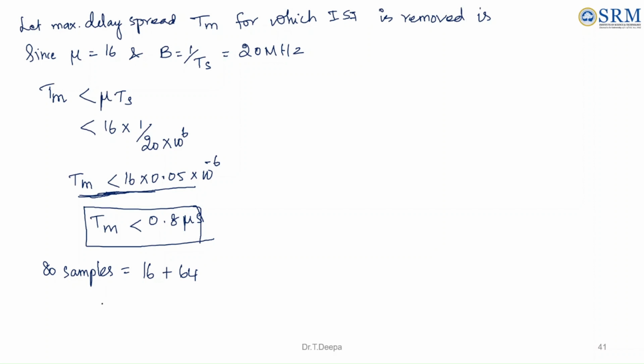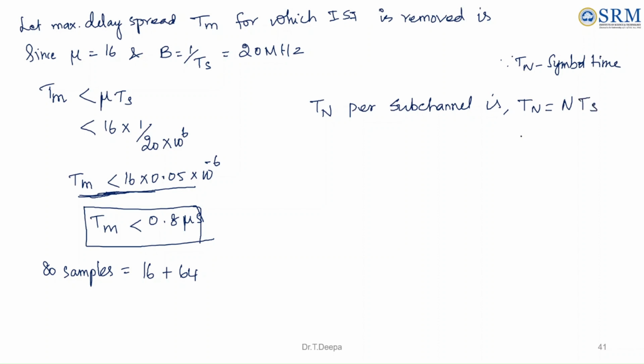Now the symbol time per subchannel, denoted by Tn, is Tn equal to N times Ts.